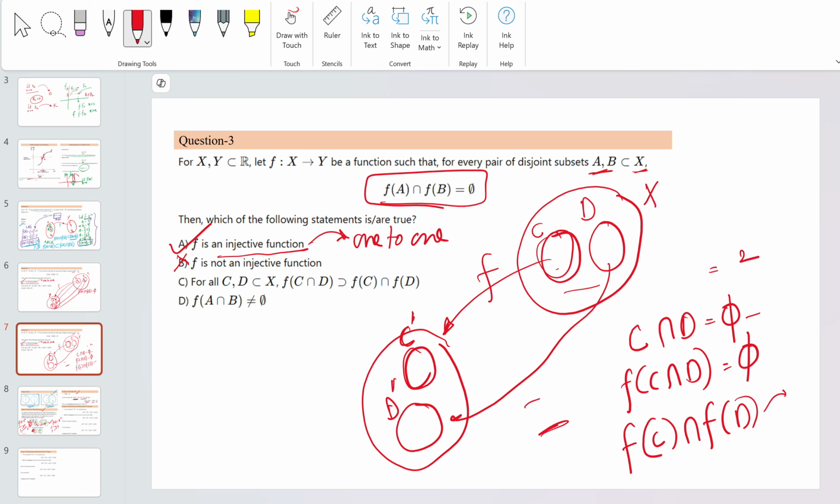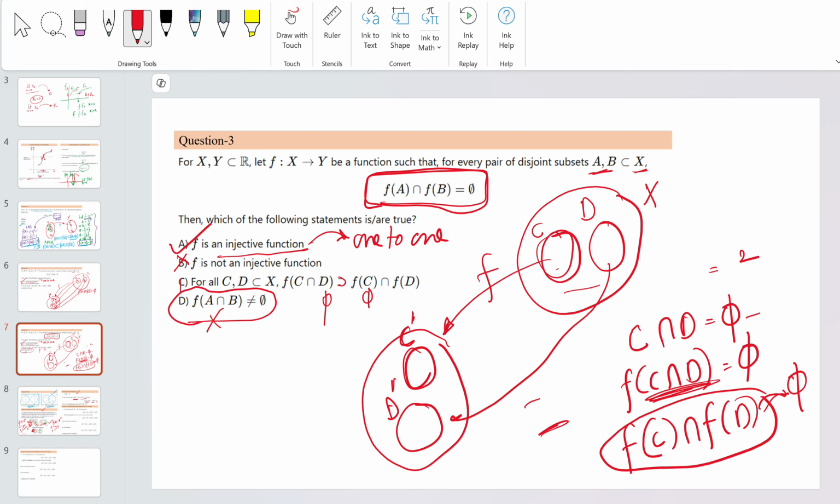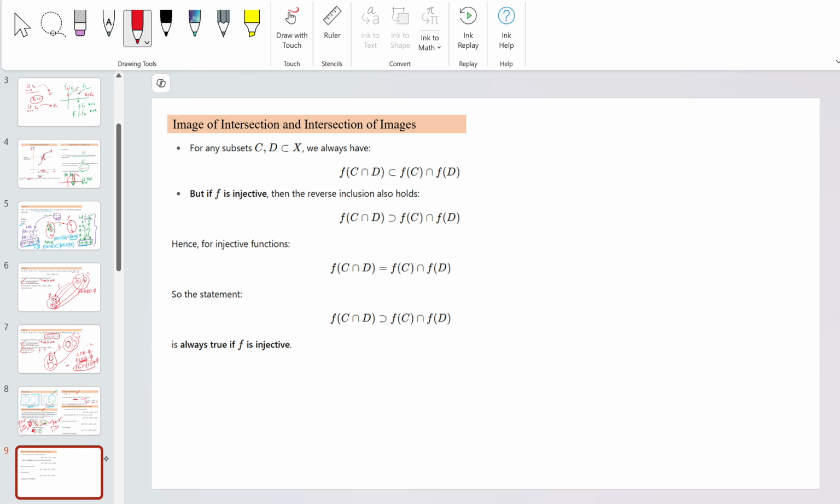But here it is given that f(A) intersection f(B) is phi, so this is actually phi. But C intersection D can be phi or not phi, so it can be a subset of that, equal also. So this will not be the case, that is false, but C can be correct.